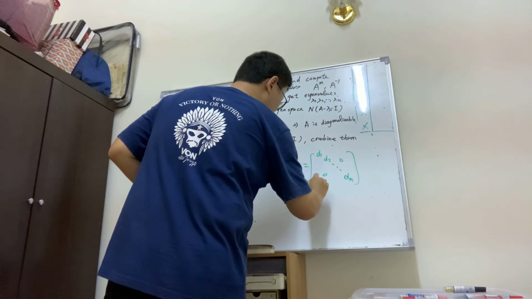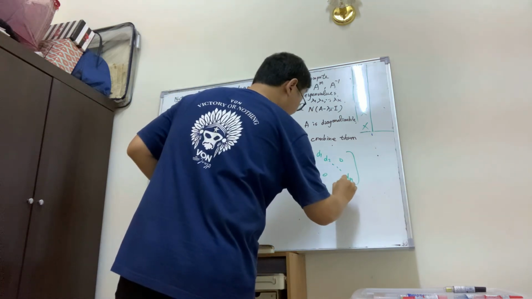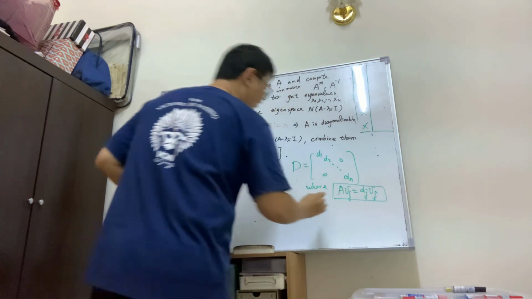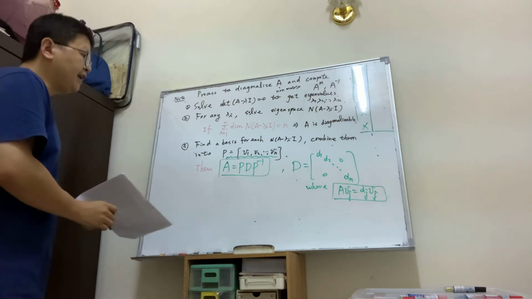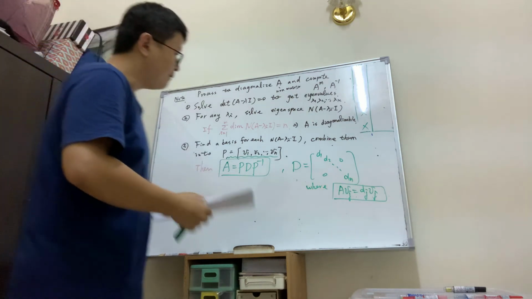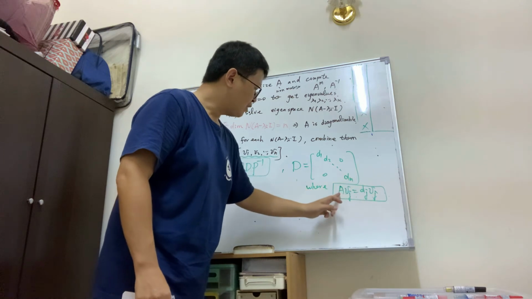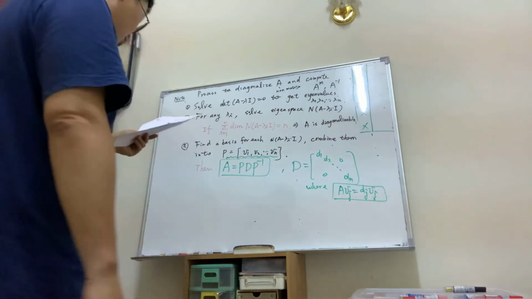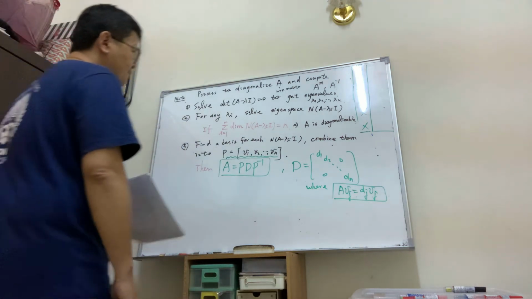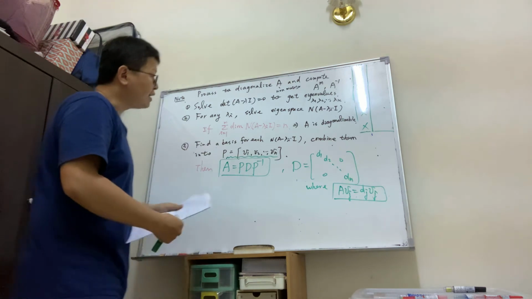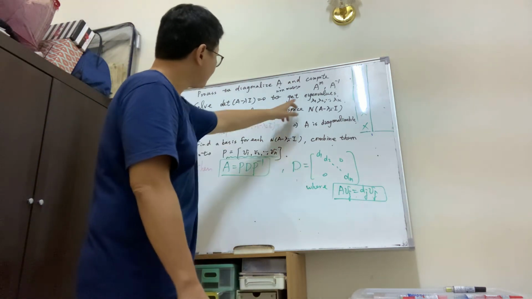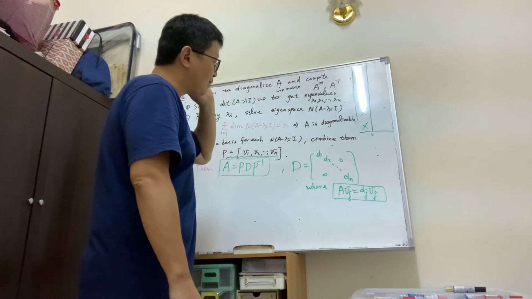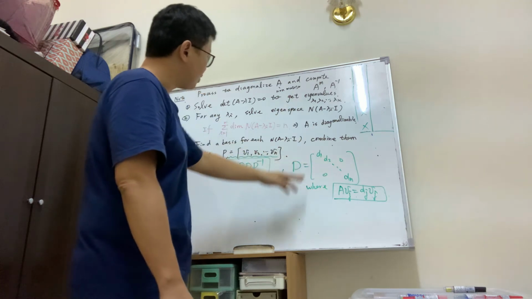Where A v_j equals d_j v_j, which means that v_j is the eigenvector of A corresponding to the eigenvalue d_j. Here I use another notation, not i, because probably there are repeated eigenvalues.